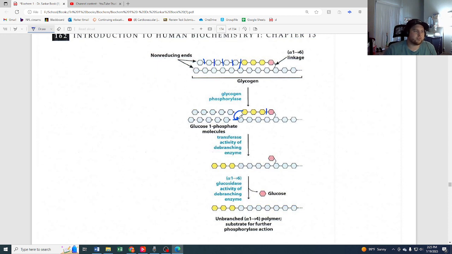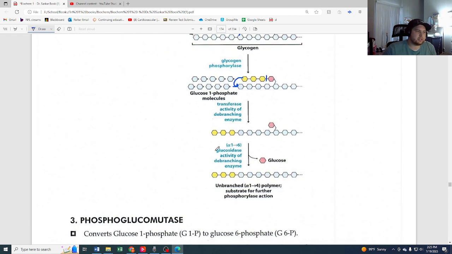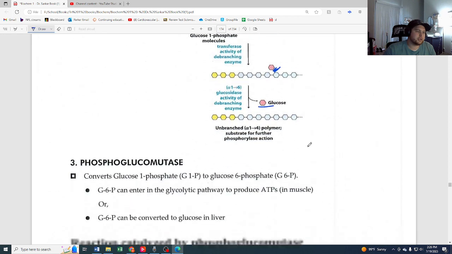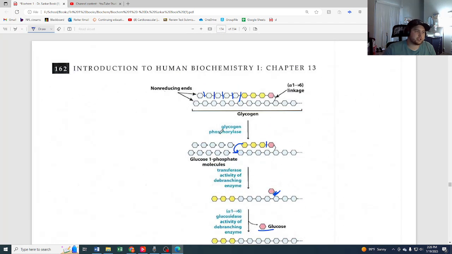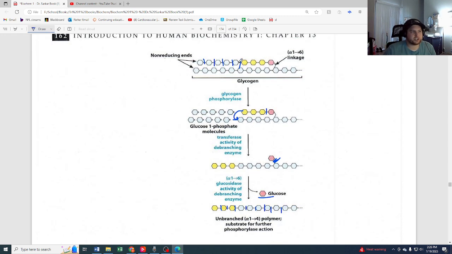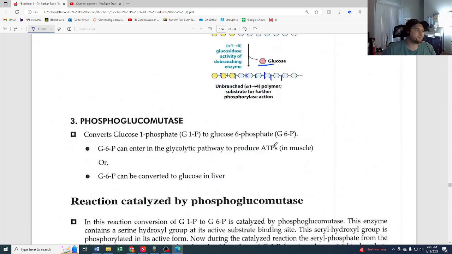It's going to just pop them over and transfer them over there. And that leaves us with 1. And the glucosidase activity of the debranching enzyme is then going to break that bond and pop off that last glucose, essentially ending that branch chain. And now our glycogen phosphorylase can come back and continue in its happy way all the way through breaking these bonds until it reaches another branch point, and it will do the exact same thing.